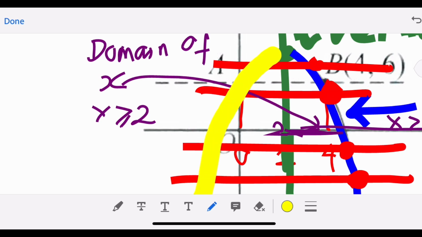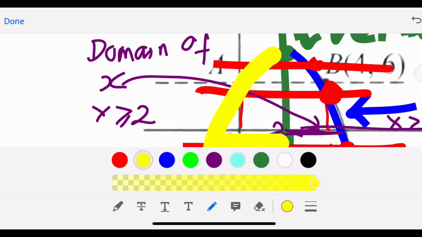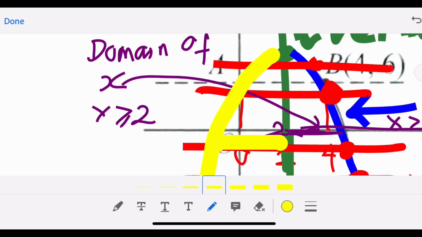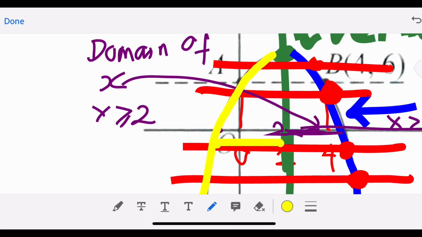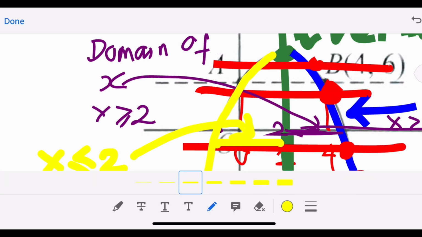Now I'm going to draw another one, and I use a yellow color. For the yellow curve, that part is also a one-to-one relation, and it is a function, and you can see the corresponding domain is x less than or equal to.